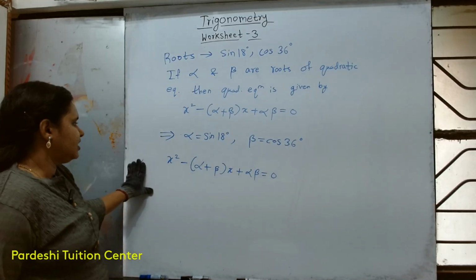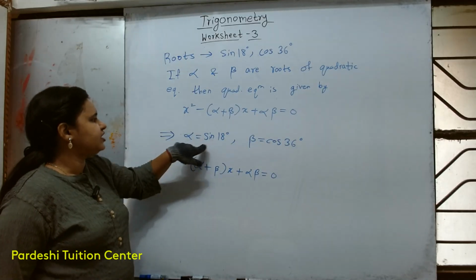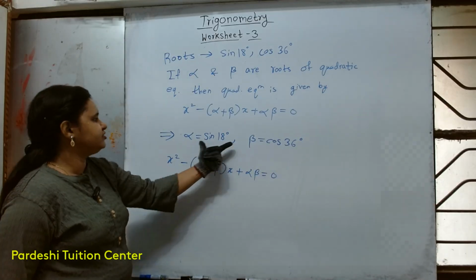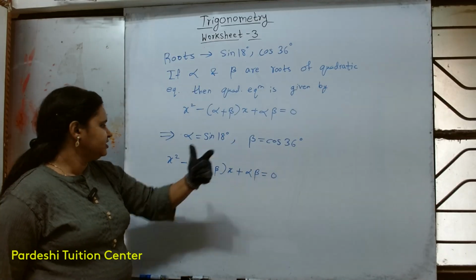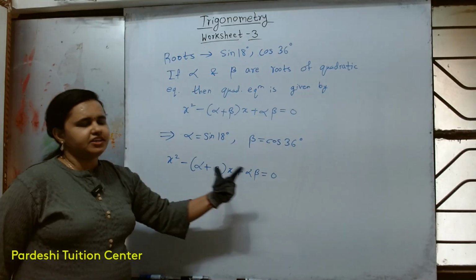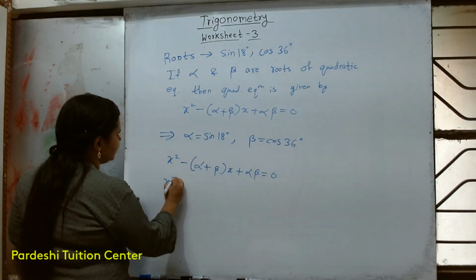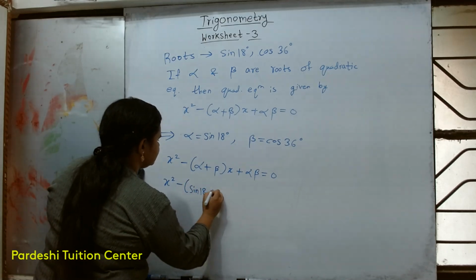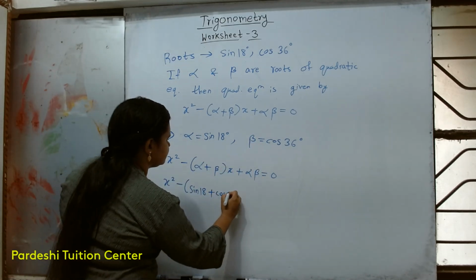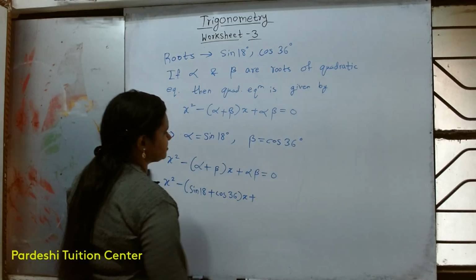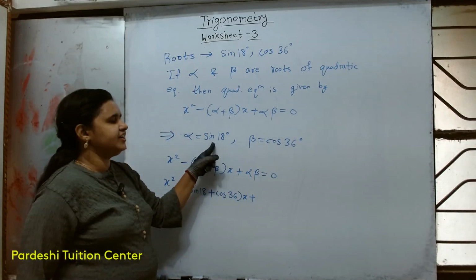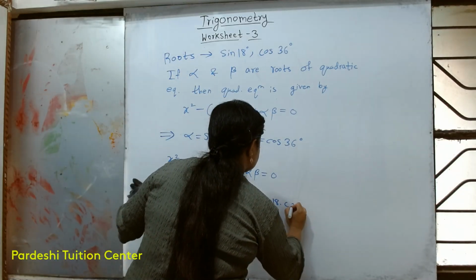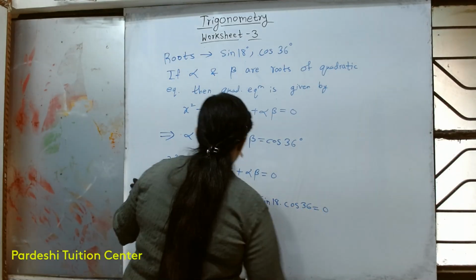Now, I will just put in the values of alpha and beta. I have taken alpha as sin 18 and beta as cos 36. If these are the two roots of the equation, then this will be our quadratic equation. So, it will be x square minus sin 18 plus cos 36 into x plus alpha beta, means the multiplication of sin 18 and cos 36, equals to 0.